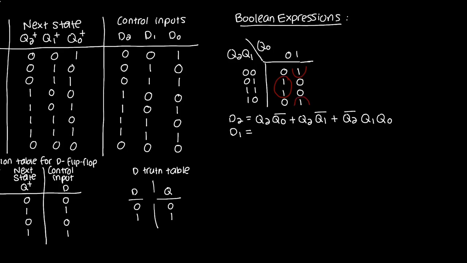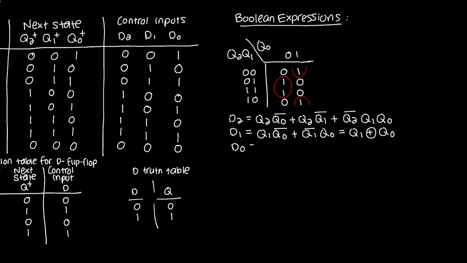And I'm going to get Q1, Q0 bar, or Q1 bar, Q0. And actually that simplifies to this expression over here. Q1 XORed with Q0.